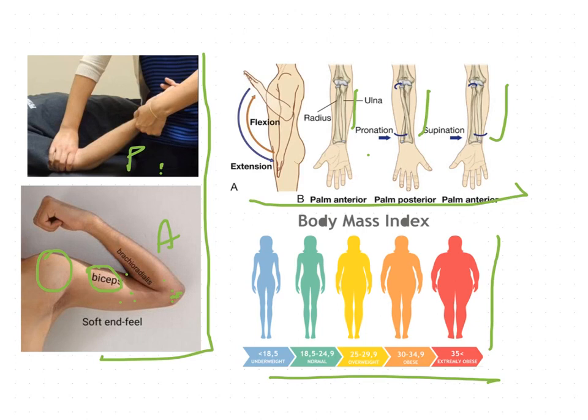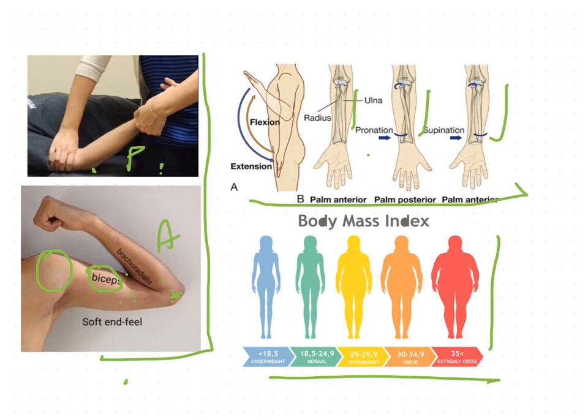Okay, so the active range of motion for elbow flexion with the forearm supinated is about 135 degrees to 145 degrees, whereas in passive flexion, it is between 150 degrees and 160 degrees. Okay, next. This is the first factor which determines the amount of motion.